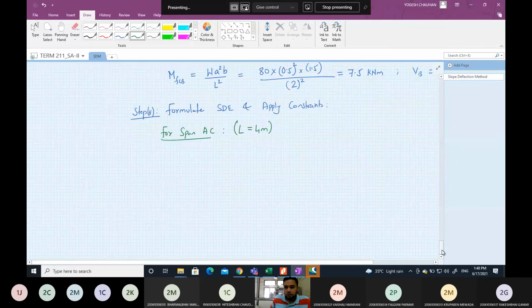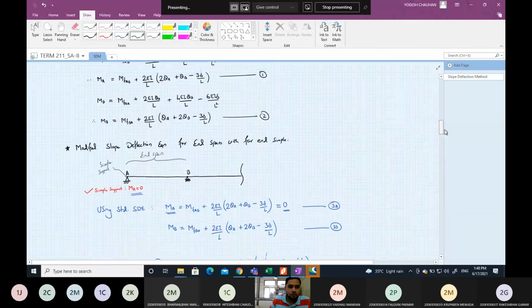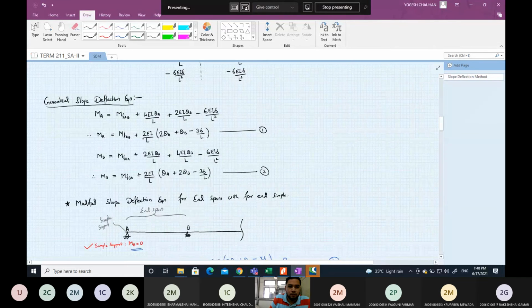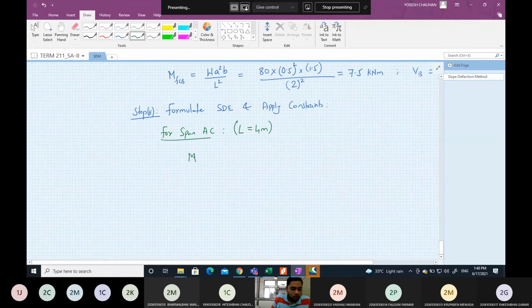Now let us write this slope deflection equation. If you remember, the standard slope deflection equation is this one: MAB is equal to MFAB plus 2EI by L, 2 theta A plus theta B minus 3 delta by L. So let us write here M A to C is equal to MFAC plus 2EI by L, 2 theta A plus theta C minus 3 delta by L. Now what is MFAC?